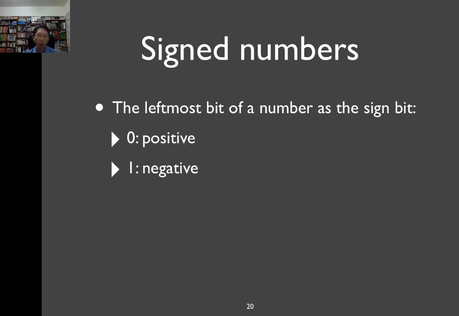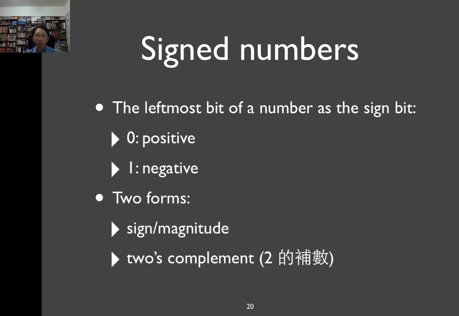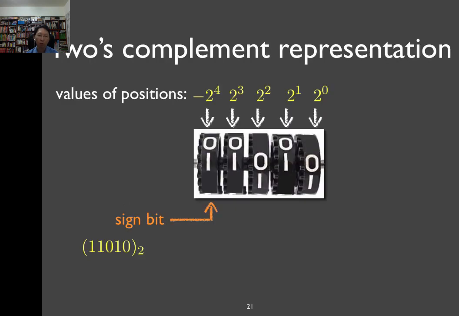We can use the leftmost bit as the sign marker. 0 indicates it's positive. 1 indicates it's negative. There are 2 forms, sign magnitude or 2's complement. We will choose 2's complement as our signed number representation, because it has the widest use and is the most widely used today. Let's see what the 2's complement is.